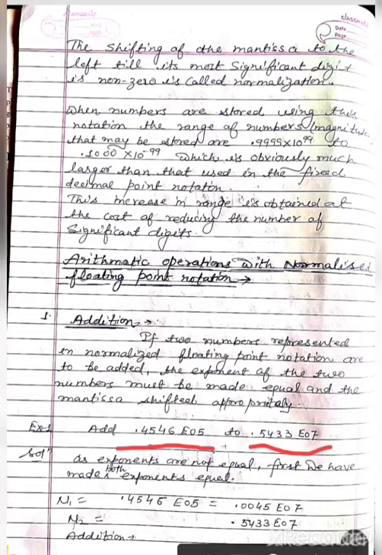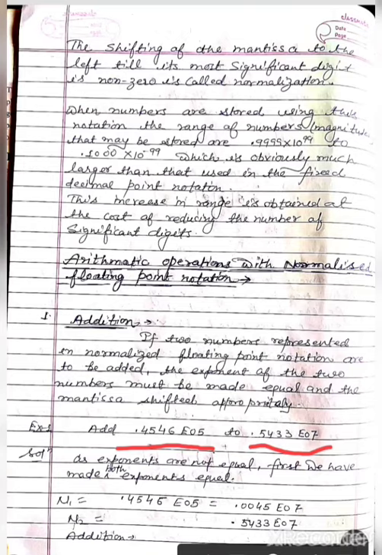E07. As we can see here, both the exponents are not equal, so first we have to make both the exponents equal by increasing the first number's exponent by two and shifting the decimal point towards the left.